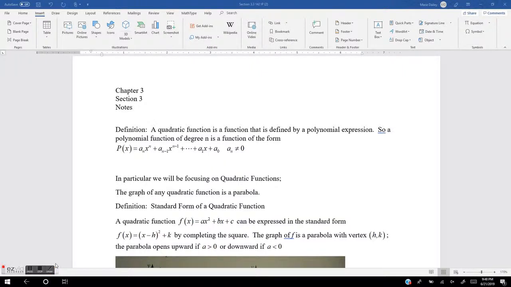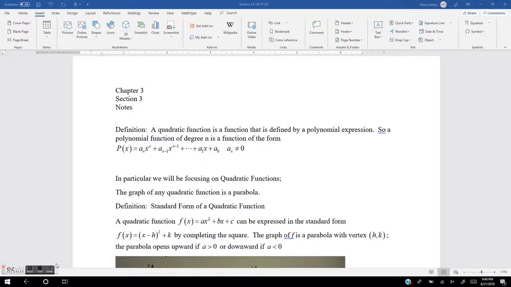This is going to be section 3.3 and we are officially going to be getting into conics. Conics are things like parabolas, ellipses, hyperbolas, and circles as well. Throughout this semester, we have studied functions, and functions have passed the vertical line test.